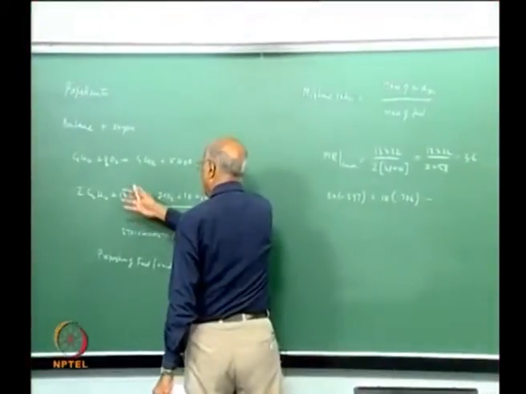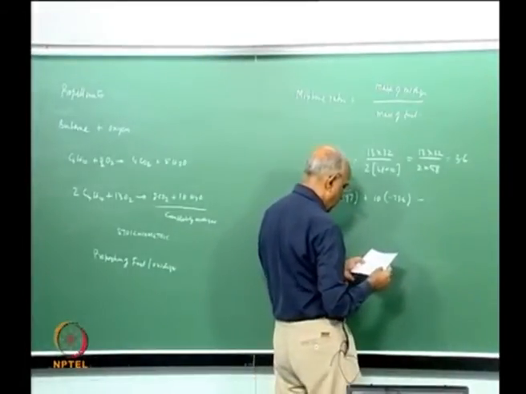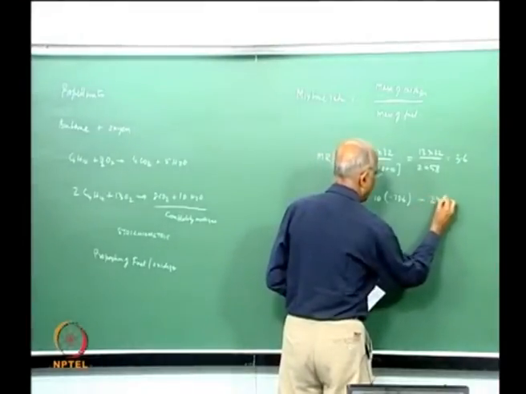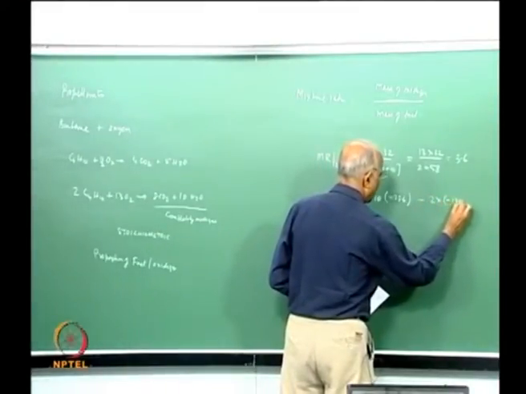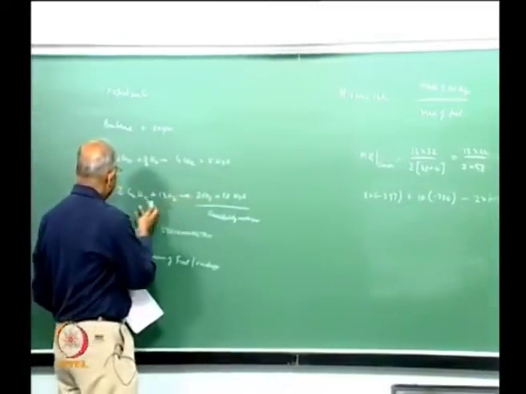Oxygen is 0 as an element, and butane is minus 124.7, so 2 into minus 124.7. This is the heat liberated in this reaction for 2 moles.